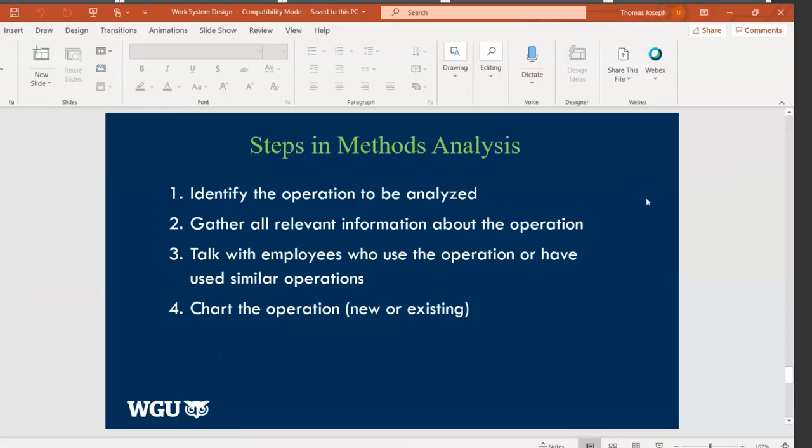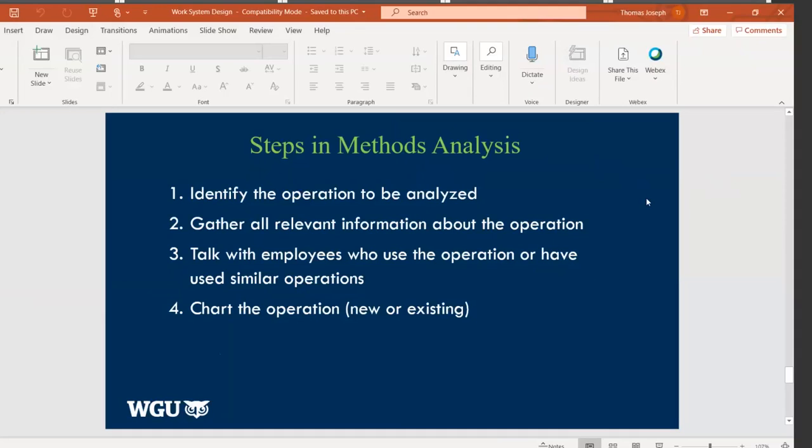Which of the processes, which part of our operation needs some change, not some adjustments, which one we want to revamp or potentially improve. Once this is done, step two, in that order, gather all the relevant information about the operation. Why is that necessary? Knowledge helps with the decision-making process.